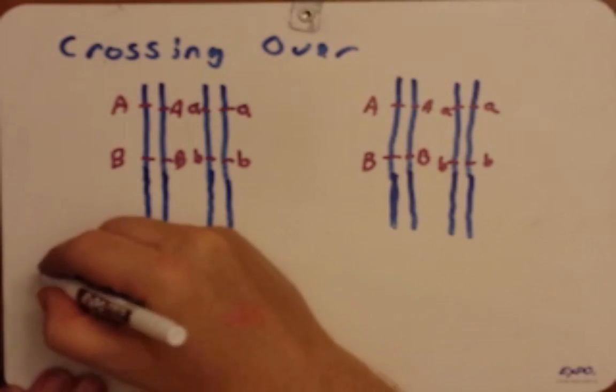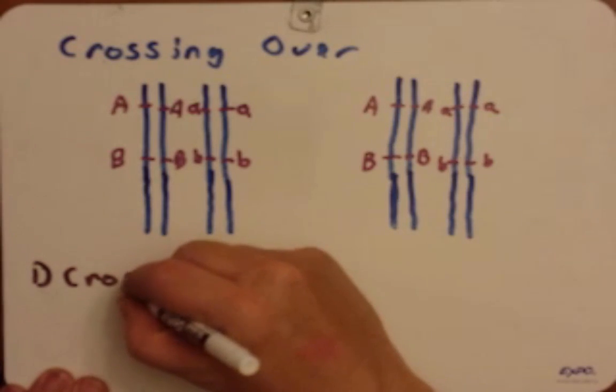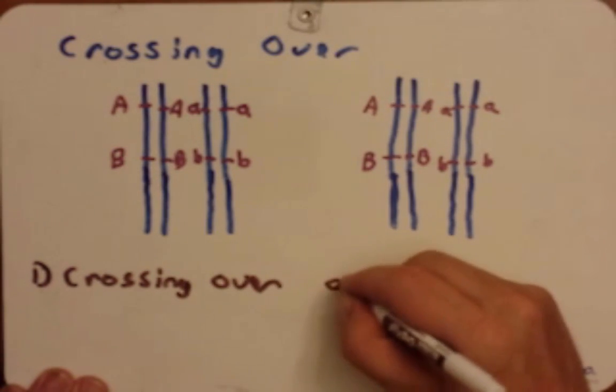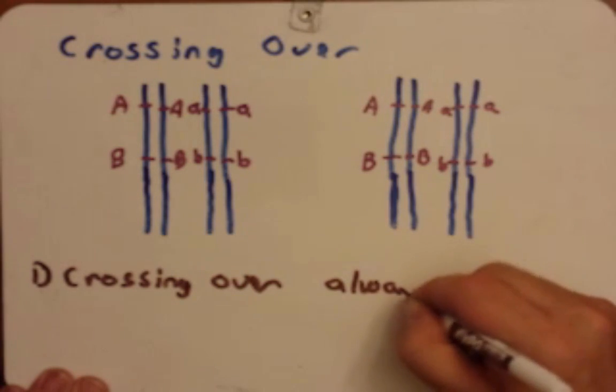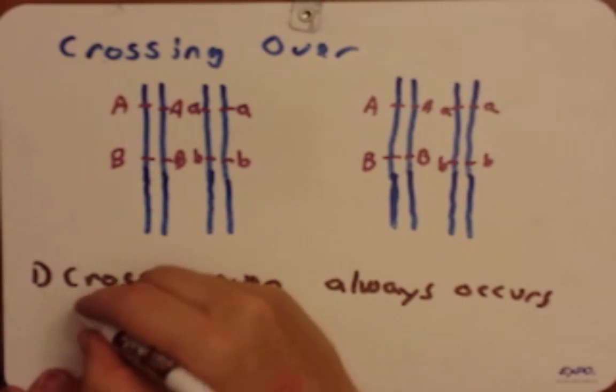Alright, I want to make a few points as we go forward. The first is that crossing over always occurs on a chromosome.